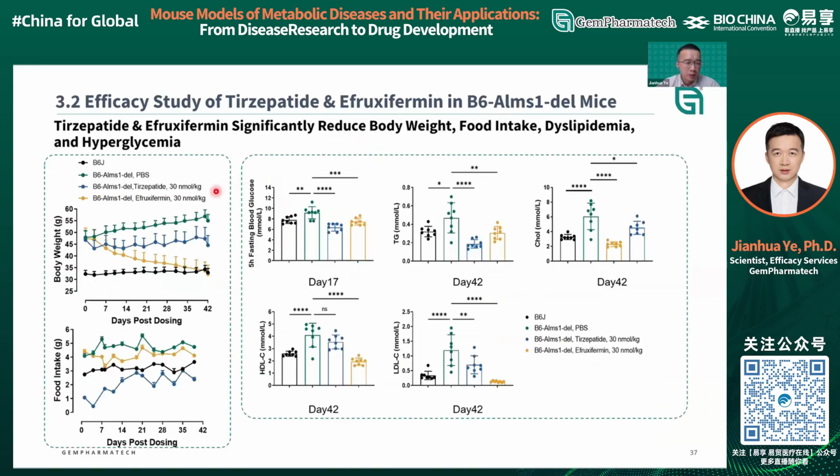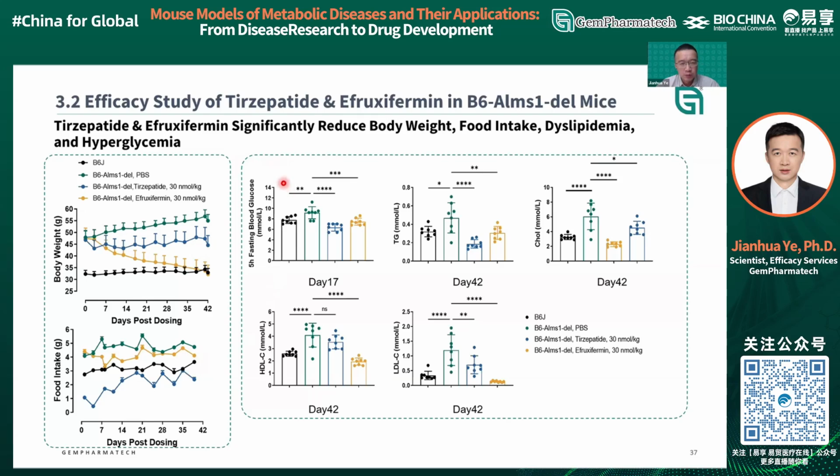And indeed, in our results, we can see that after the tirzepatide and the efruxifermin treatment, the body weight of the AMS1 knockout mice is reduced to a large extent, the blue line and the yellow line. And the food intake is also reduced.